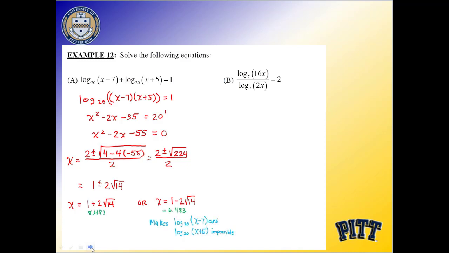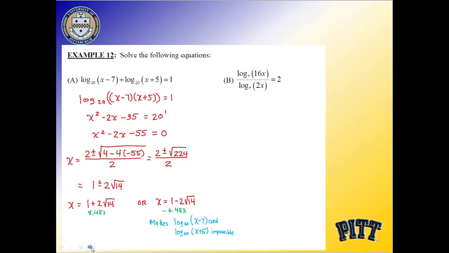From a decimal standpoint, it's good to see what the decimals look like. 1 plus 2 times the square root of 14 is about 8.483. 1 minus 2 times the square root of 14 is about negative 6.483. When I look at the original problem, with 8.483, I could take the log base 20 of the original two quantities if x equals that, because those would make them both positive.